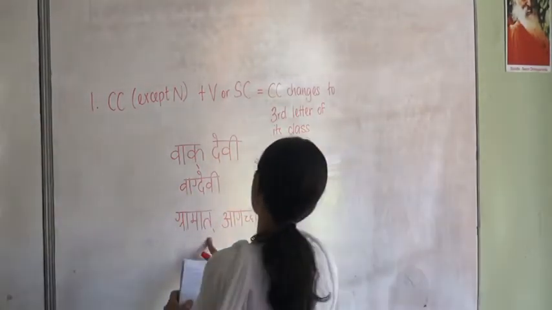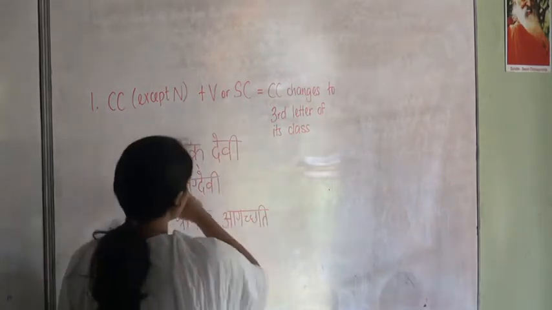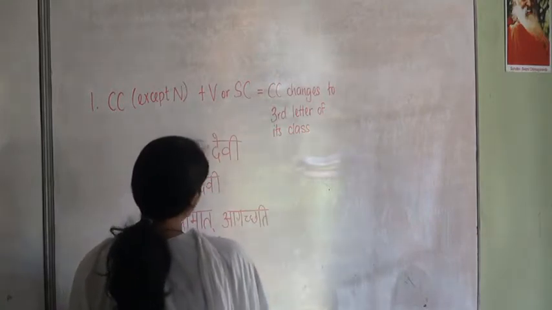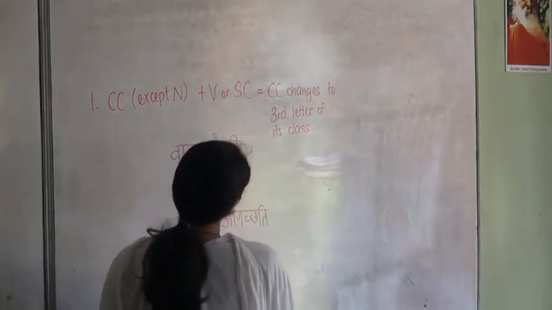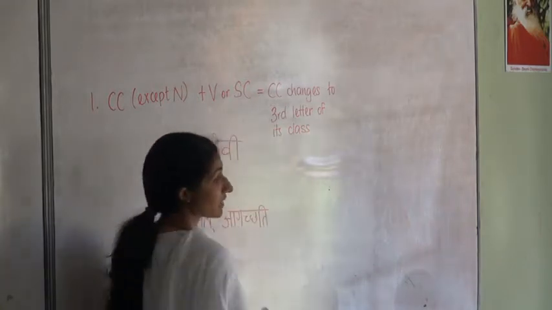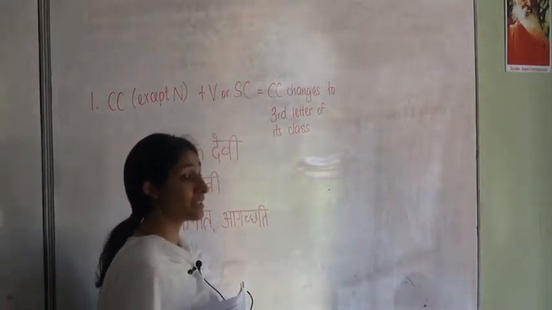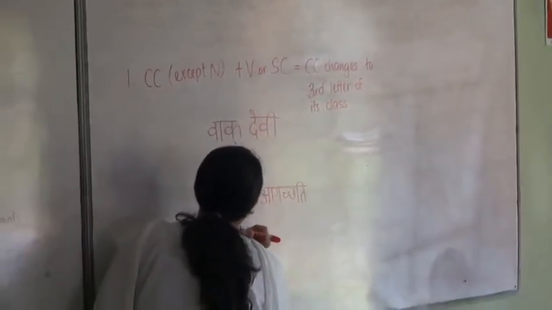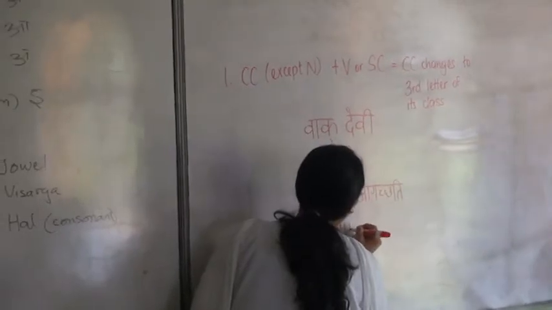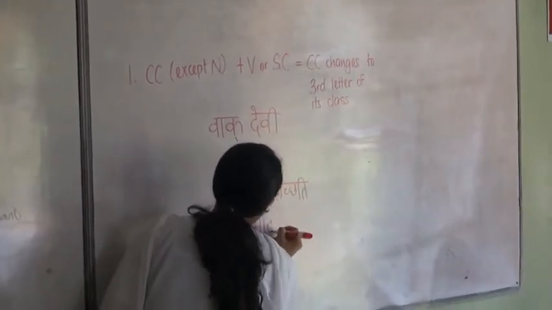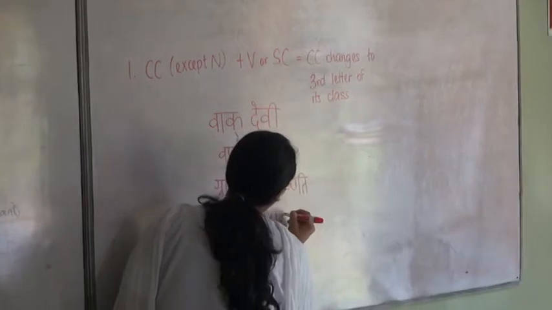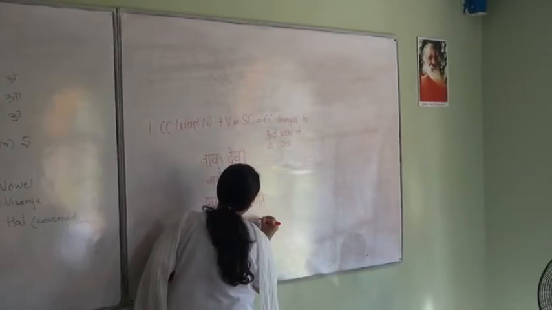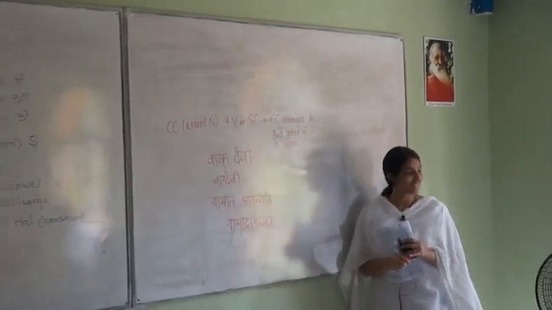This is a tahalant, which is a class consonant, meeting a, which is a vowel, right? So it's saying that this tahalant has to change to the third letter of its class. And what's the third letter in the ta line? Da. So then this will become gramad aga. Simple, no?